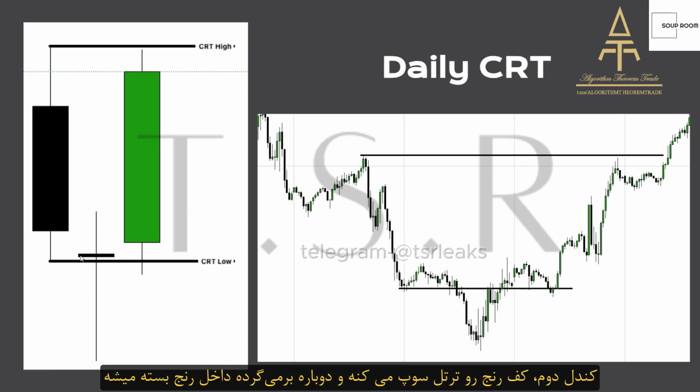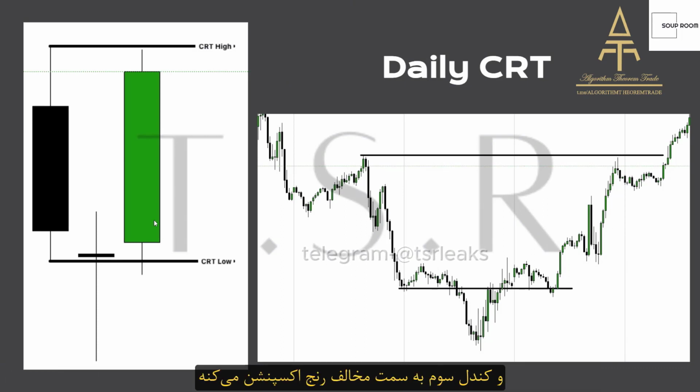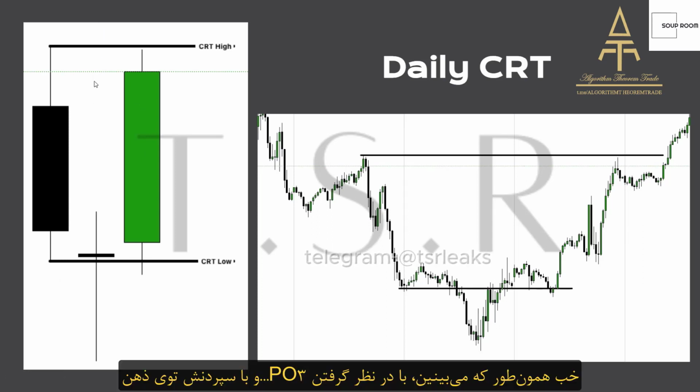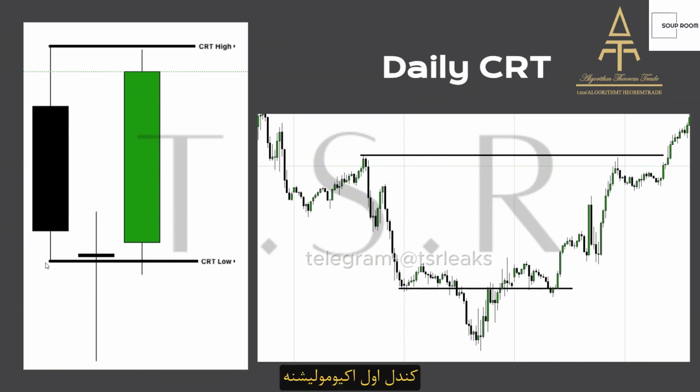Candle number 2 turtle soups the range low with a close back into the range, and candle number 3 expands to the opposing end of the range, meaning to the high of candle number 1. So as you can see, thinking of the power of 3, candle number 1 is accumulation, candle number 2 is manipulation, candle number 3 is distribution.